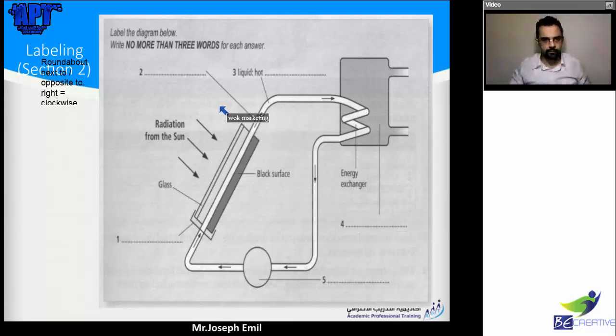Let's take a look here at the numbers. Let's not forget again: 1, 2, 3, 4, 5, and they will come in this order. This is clear as day.